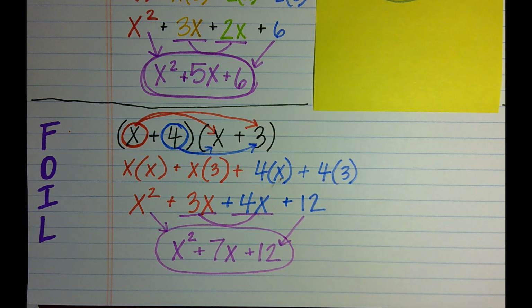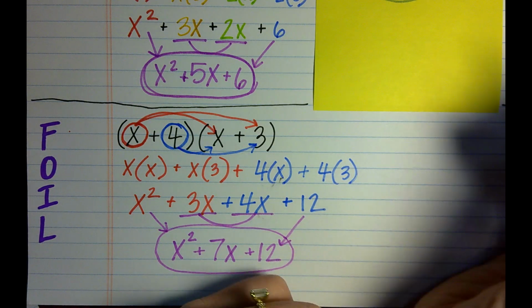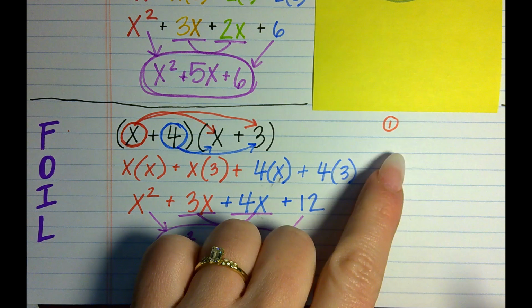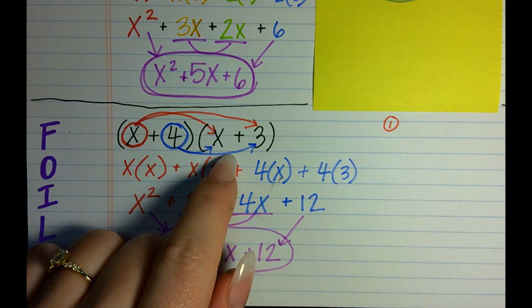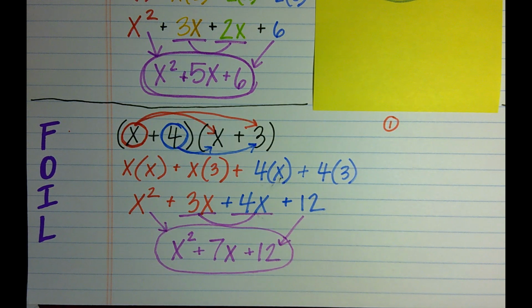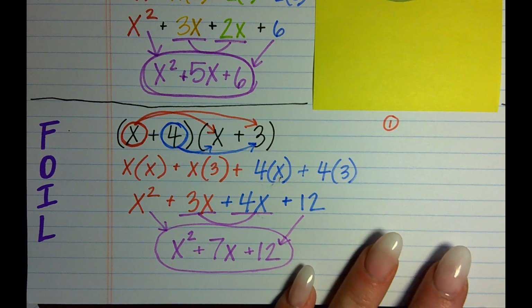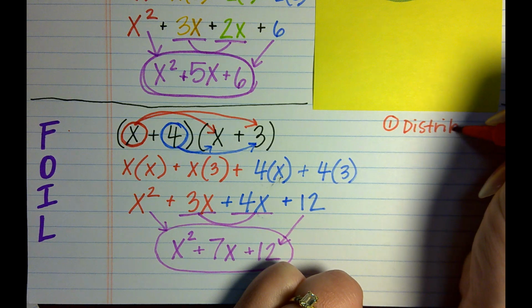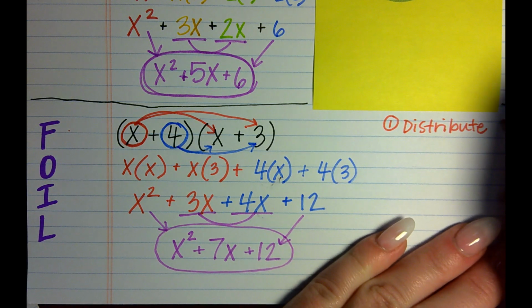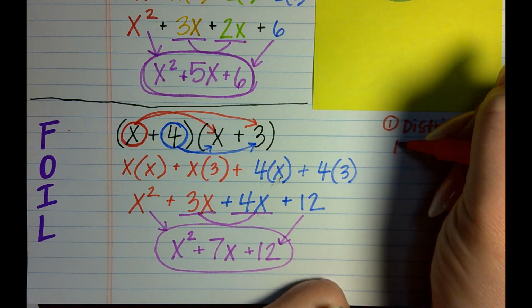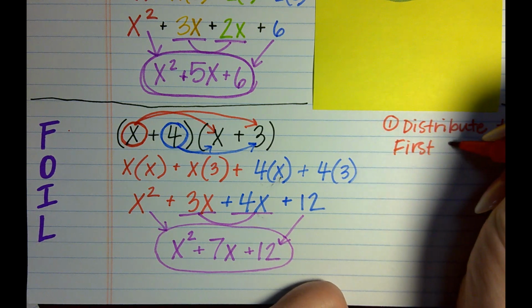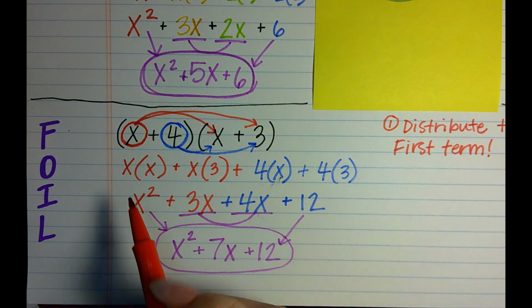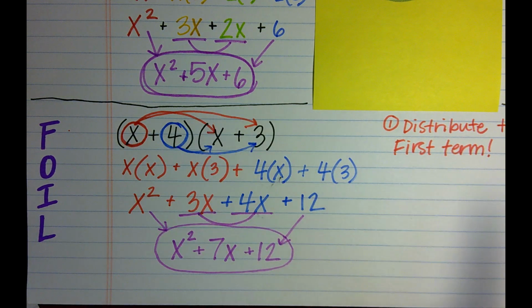So if we wanted to give a little step-by-step guide, we could say step 1, here written in red, is distribute the first term. So that was our x times x and our x times 3.